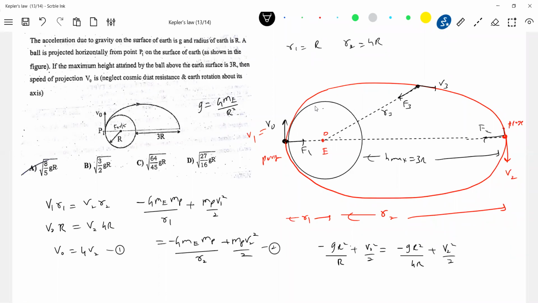Solving now, this is nothing but equation 2, you write it. Solving equation 1 and 2, you'll get an expression for V2, or eliminate V2, write V2 as V0 by 4, then solve for V0, you'll get the required answer.